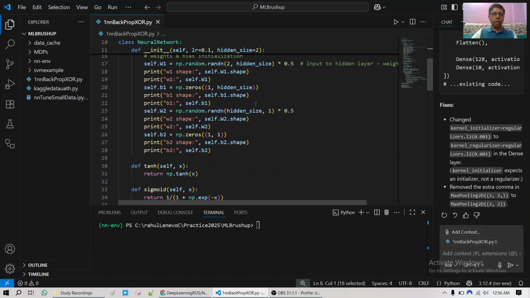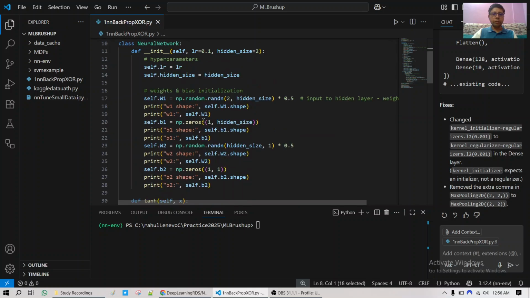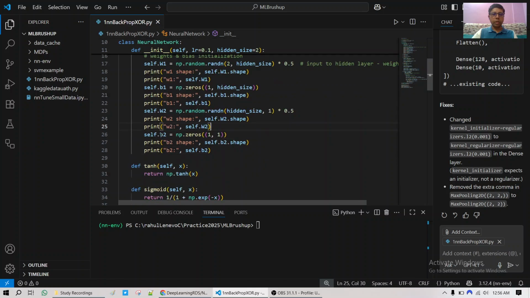In the initialization, we initialize the weights of the hidden layer, so W1 and its shape, and the bias. Here we are going to assume the bias for both the hidden layer and the output layer as 0, just for simple understanding. And here you will see this is the complete initialization of the neural network.